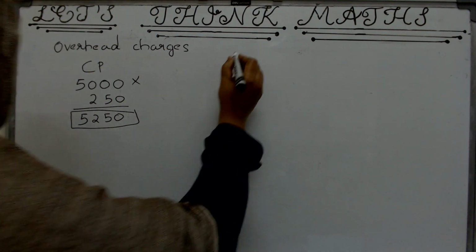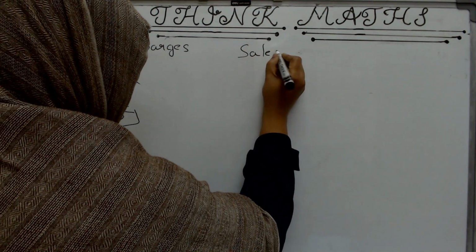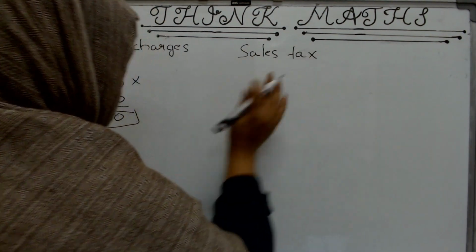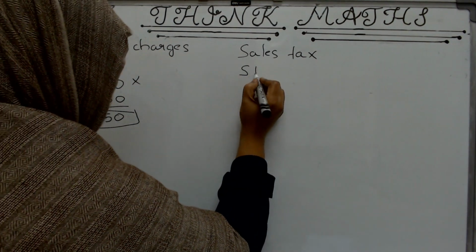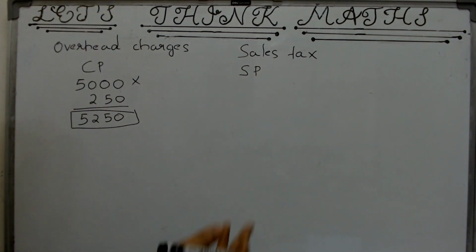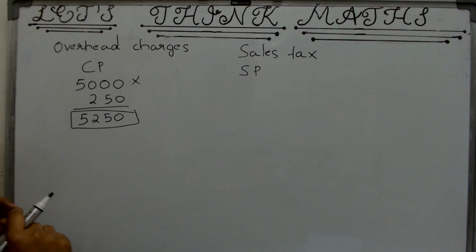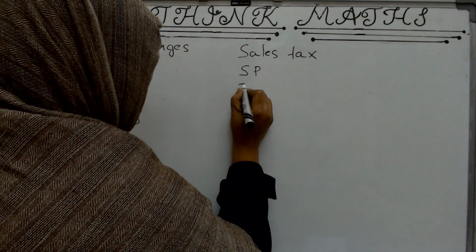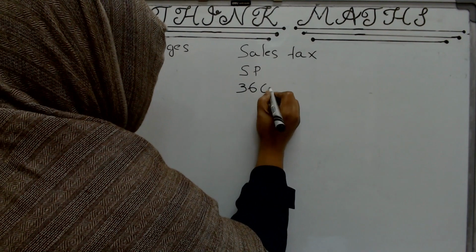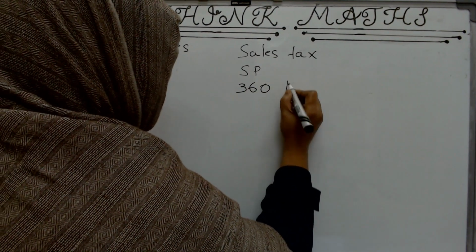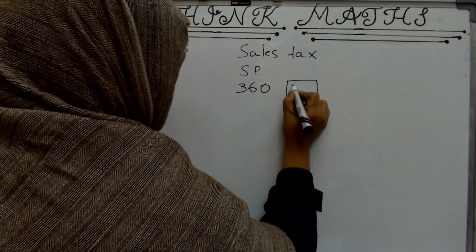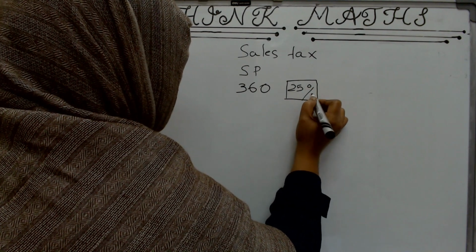What is sales tax? This is something which affects the selling price. Suppose you go to a supermarket, you will often see this. The price tag says something, but when you go to pay the money at the counter, you will get an extra charge. Sometimes the cost price will say 360, but then it will be written 25% sales tax.